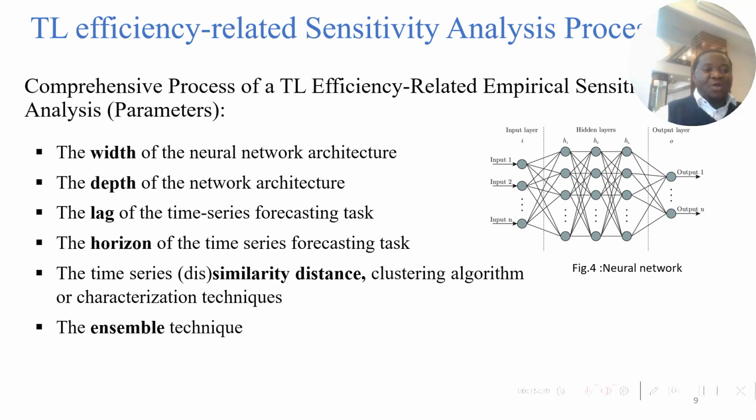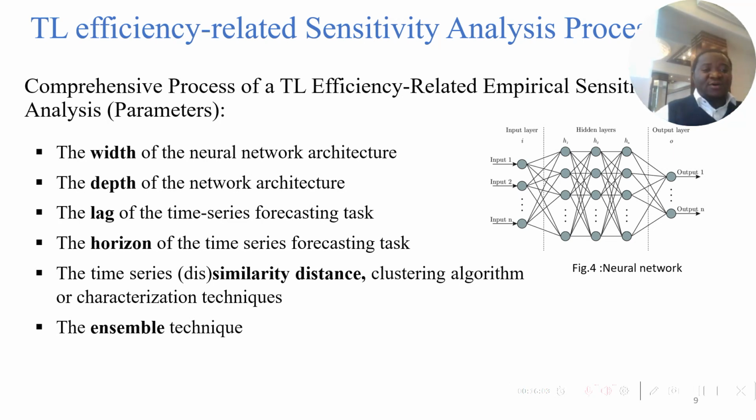Okay, here because we are talking time series, the lag. By lag we mean the number of inputs, the number of values that you give to your network, increasing or decreasing, how can that affect the transfer learning? And also the horizon, alluding to the number of values that you intend to predict. One value, three values, five values, 100 values.